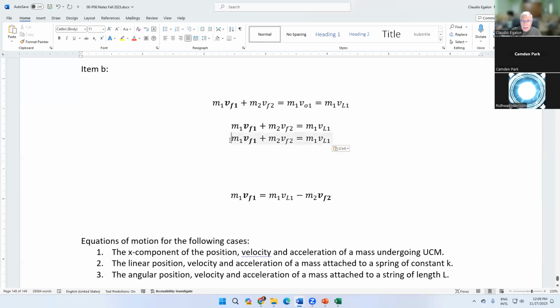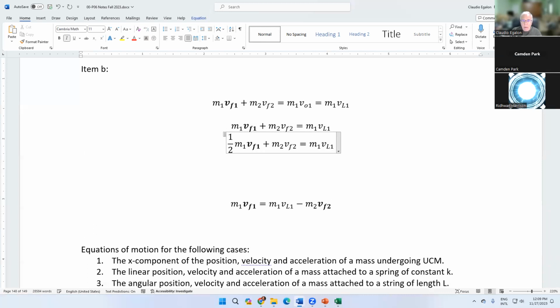Half m1 V final 1 squared minus half m2 V final 2 squared. That's after the collision, after one collided with two.